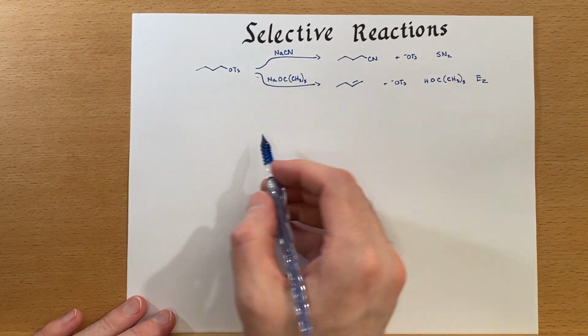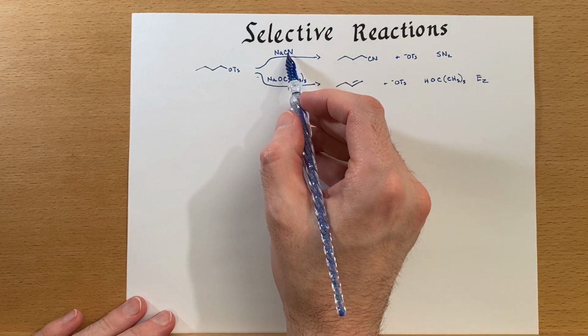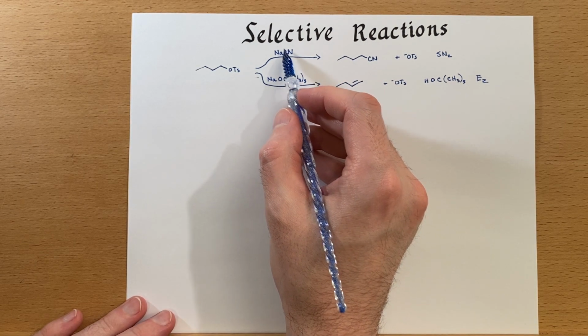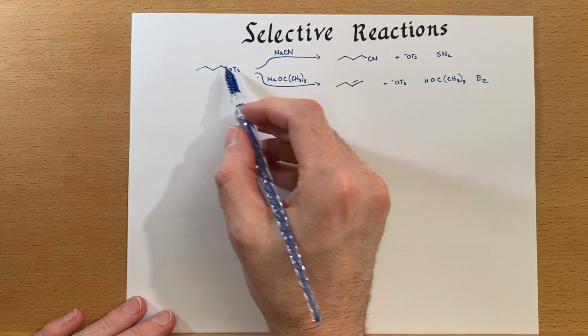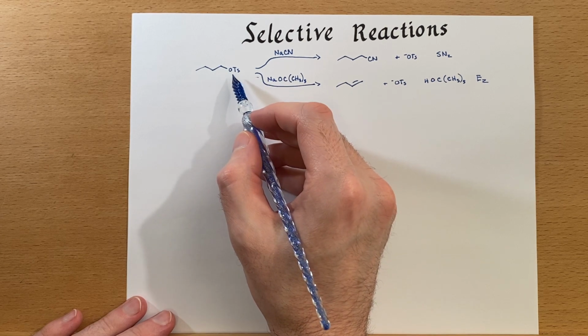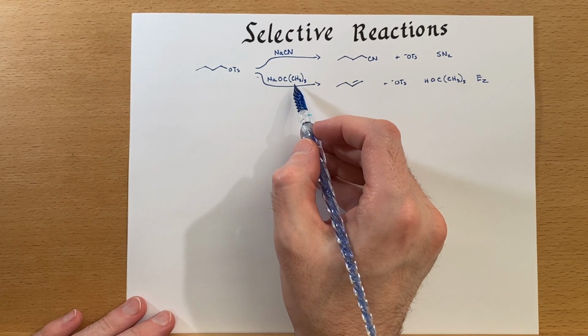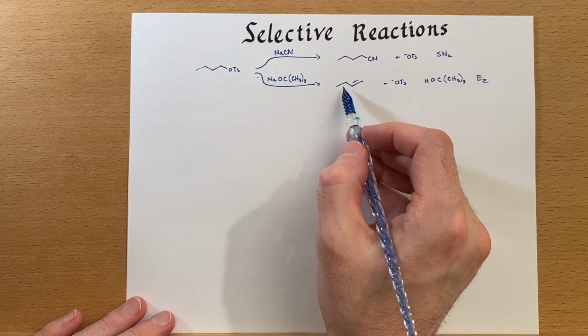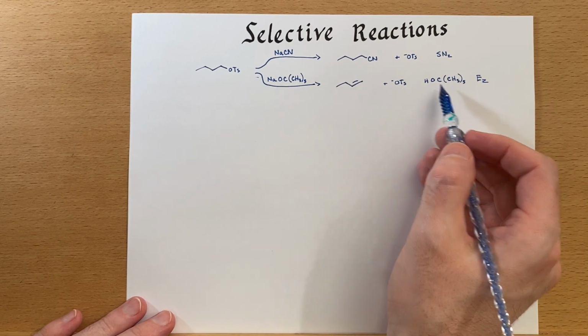E2 selectivity. So in this case, we've chosen either a strong nucleophile that comes in and does a selective nucleophilic attack, or we've picked a good base that then selects for E2 or elimination.